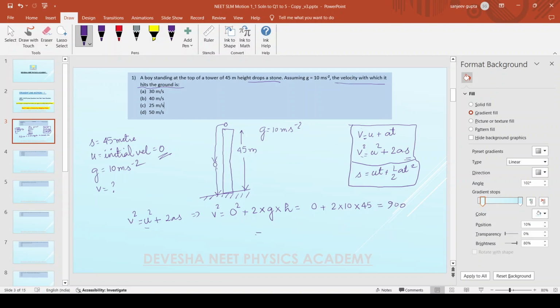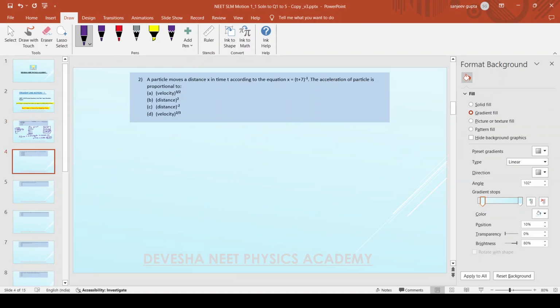What does it mean? v square is equal to 900 means v is equal to root of 900, which is 30. It means the velocity at which the stone touches the ground is 30 meters per second, which is option A. Let's go to the next problem now.